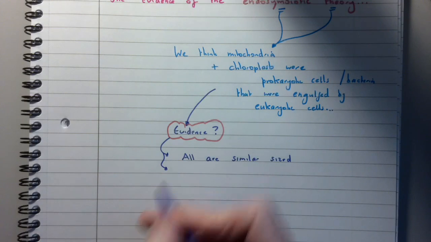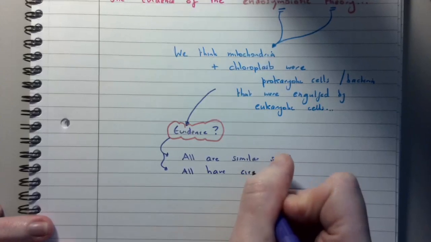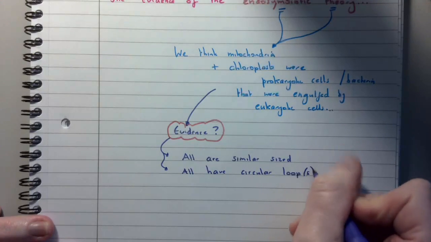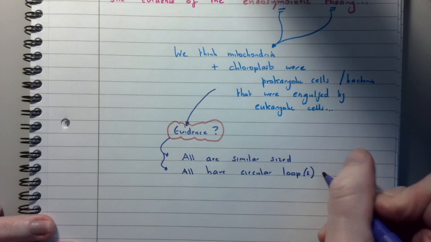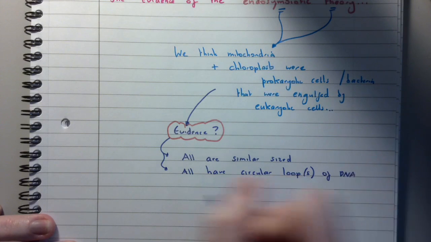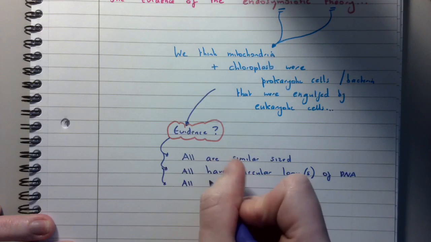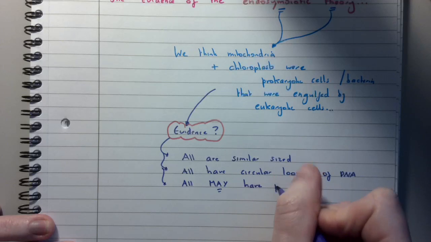All have a circular loop (or loops, because obviously it can be plural for mitochondria, and actually for chloroplasts as well) of DNA. Now you've got to be careful here: I'm going to put that they may have plasmids, because they're not always there.